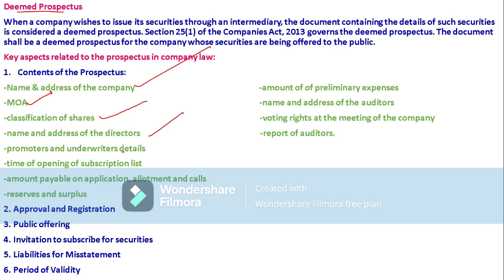Also the promoters of the company and the underwriters, who are a third party, another company. If they are associated with other companies, or who the promoters are, all detailed information has to be given. And the time of opening of the subscription list, whenever they are going to open the subscription for the shares.